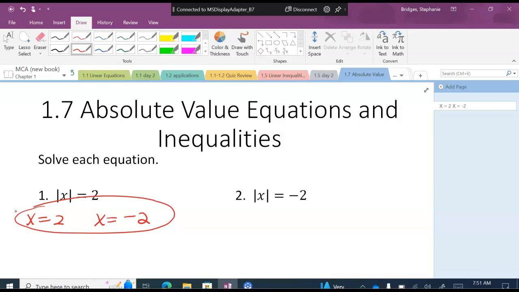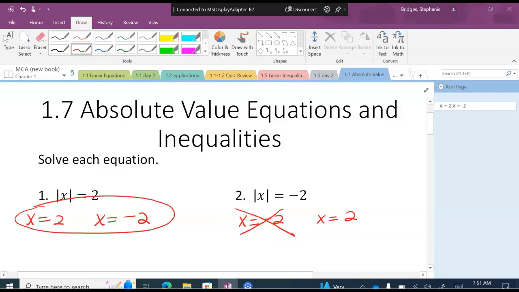So even if I were to do this, and I'm telling you, if you can recognize it from the beginning, you don't have to. But even if I were to set up both of my equations, x equals negative 2 and x equals positive 2, when I plug those back in, does the absolute value of negative 2 equal negative 2? No, because you can't have a negative distance. So that one is no good.